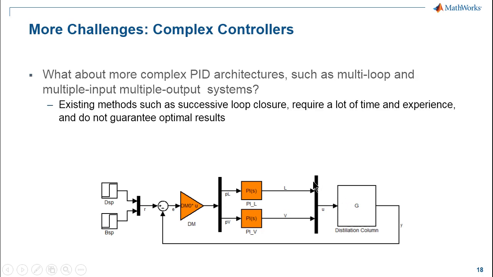So in that case, people typically use tools like successive loop closure, which tunes one loop at a time, but those require a lot of time and experience, and again do not guarantee optimal results.